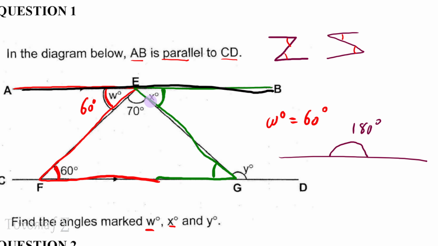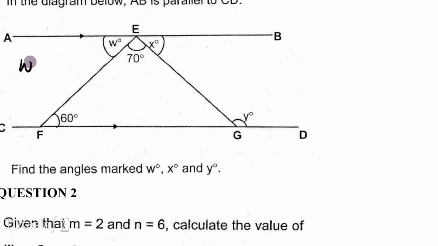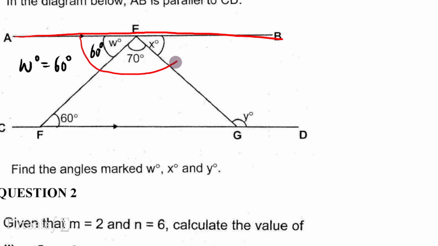So let me just erase. All right, so our W degrees is equal to 60 degrees, which is what we're putting here. Then here we're saying we have a straight line, and ideally for a straight line, the angle is 180 degrees.